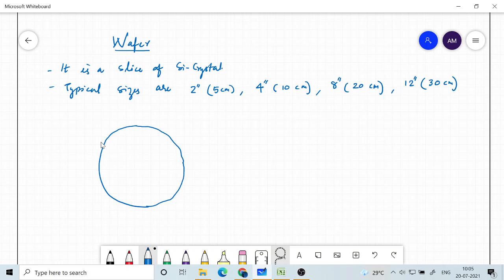We are talking about what the Miller indices of this plane are. The wafer will have some thickness which is very small, something like less than a millimeter. So very thin, but the size which I specified here, 30 centimeter, is basically the diameter.